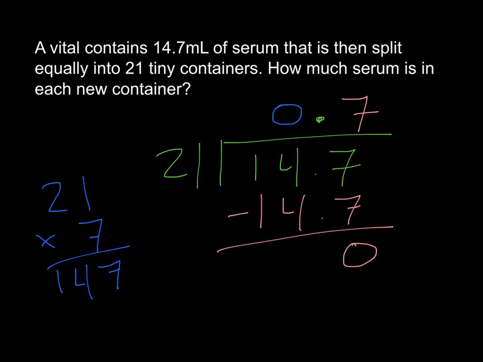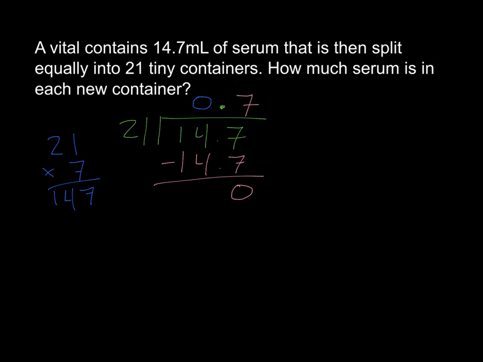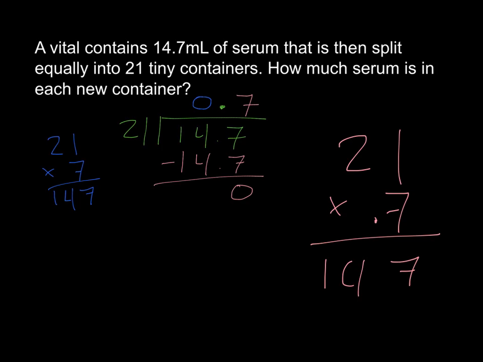I can then check my work. 21 times 7/10. Don't forget the decimal. 7, 14, and I have 1 decimal here, and 14.7. Once again, do not forget to label your answer. It's not just 7/10, it's 7/10 of a milliliter, and that's your solution.